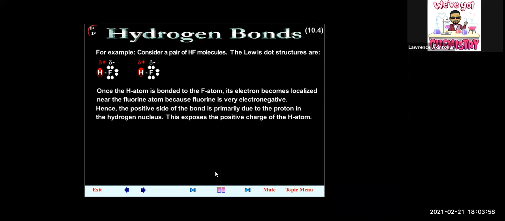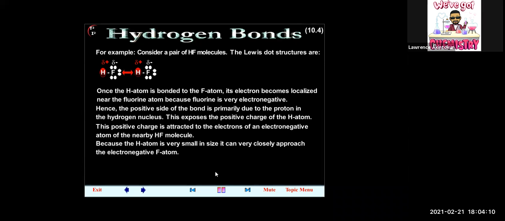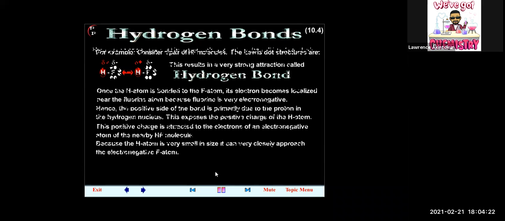This exposes the positive charge of the hydrogen atom. This positive charge is attracted to the electrons of an electronegative atom of the nearby HF molecule. Because the hydrogen atom is very small in size, it can very closely approach the electronegative fluorine atom. This results in a very strong attraction called a hydrogen bond.